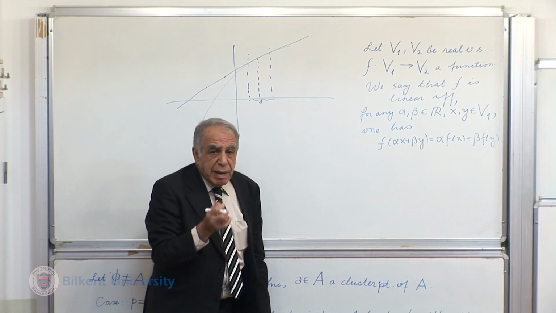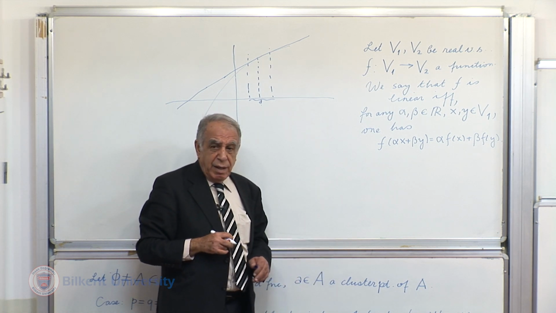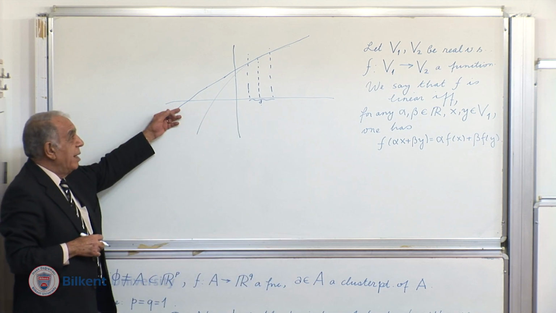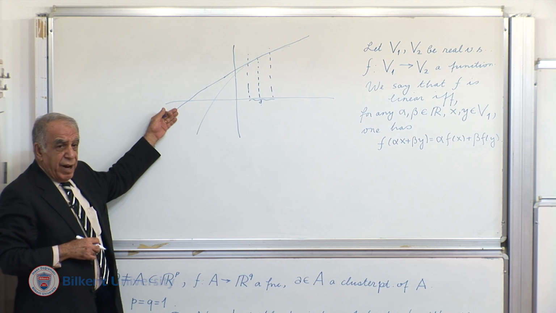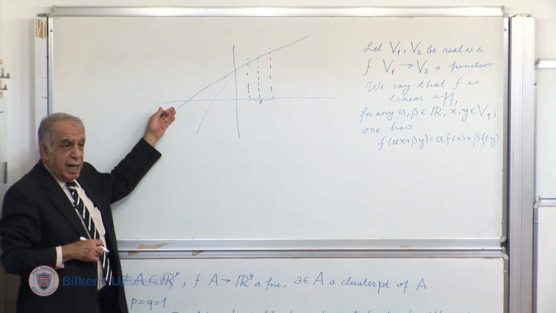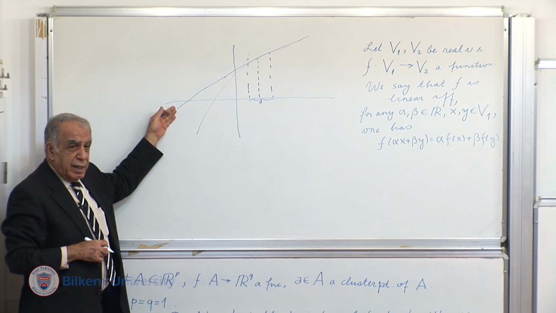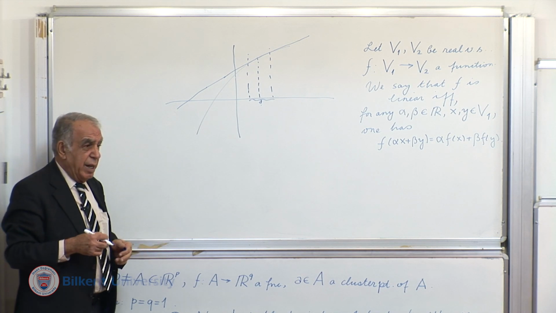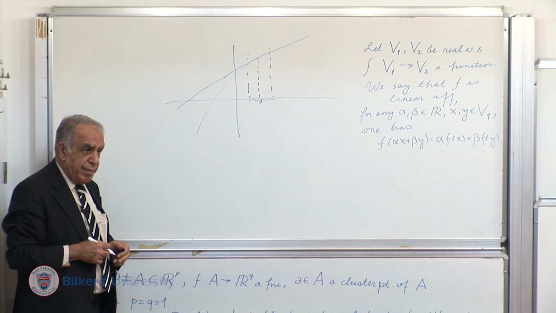Now, having been reminded of this definition, let's get back to our question again. Is the function whose graph is this straight line, is that a linear map on R to R? R is a real vector space under its usual addition and multiplication.